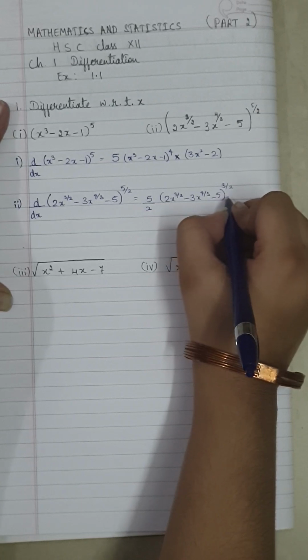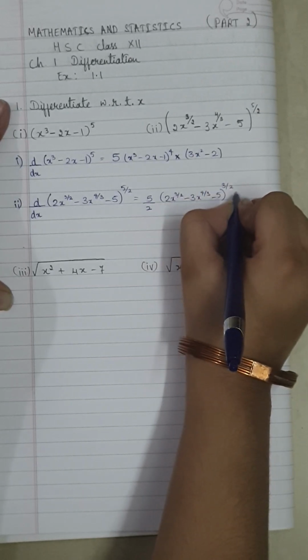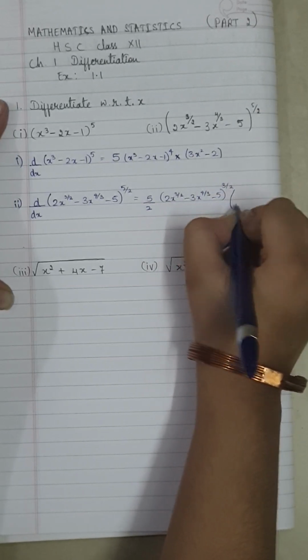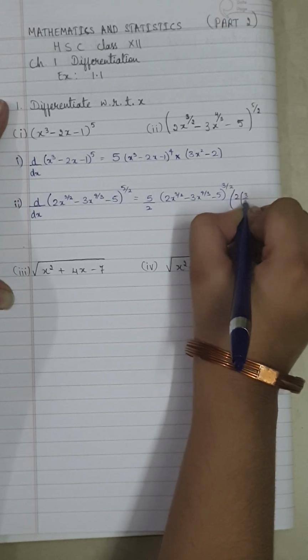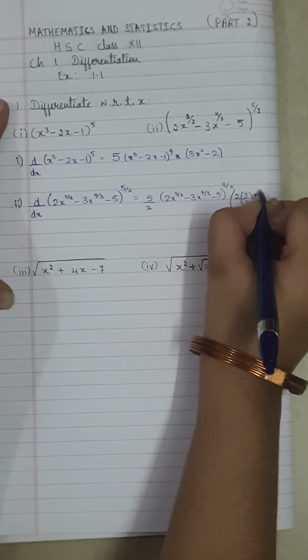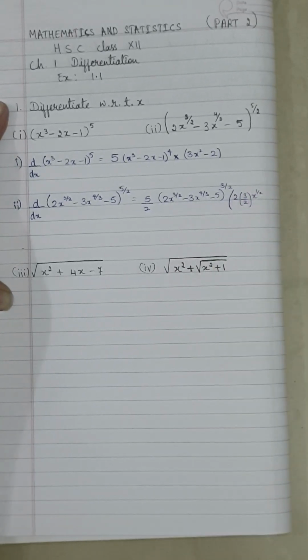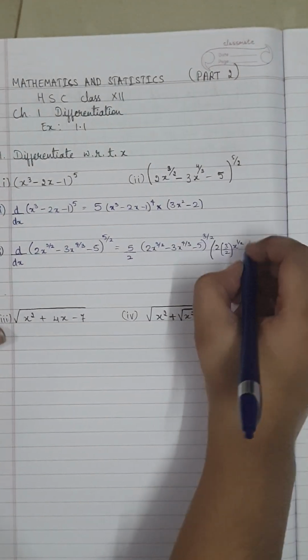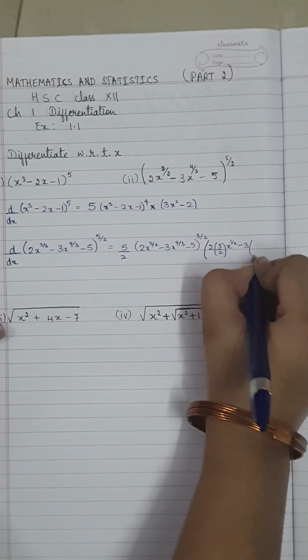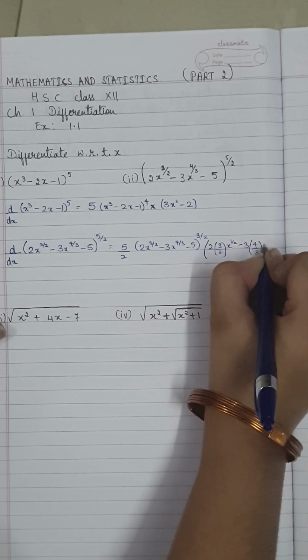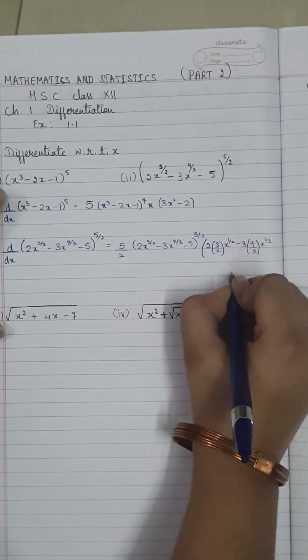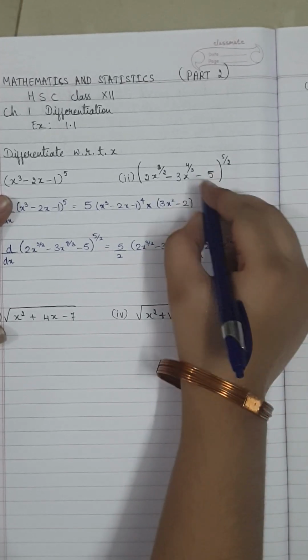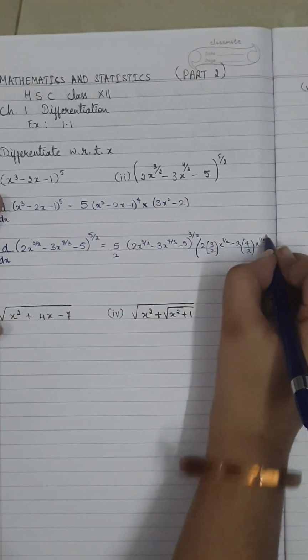Now with this you'll write the differential of this, so that will be 2 times 3 by 2 x to the power 1 by 2. Then the next term is minus 3 into 4 by 3 x to the power 1 by 3 minus, the differential of 5 is 0, so you don't mention that.